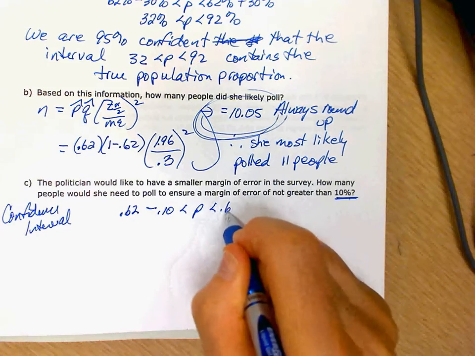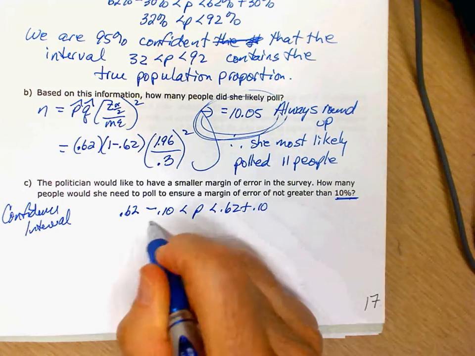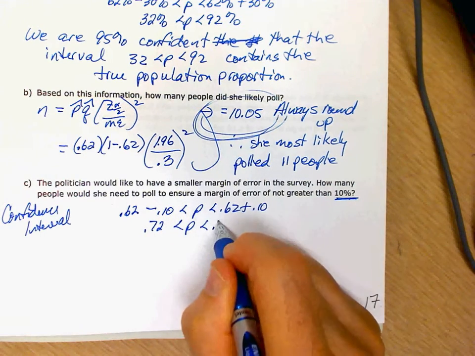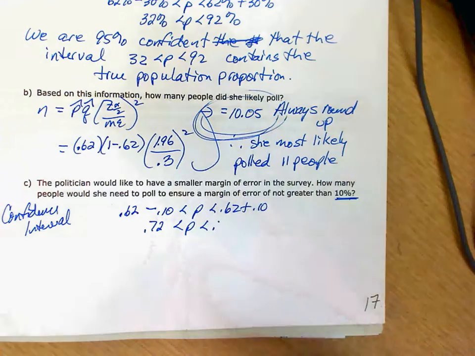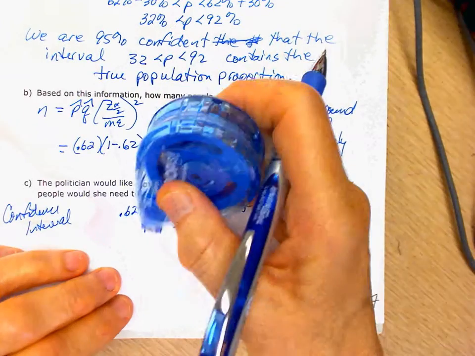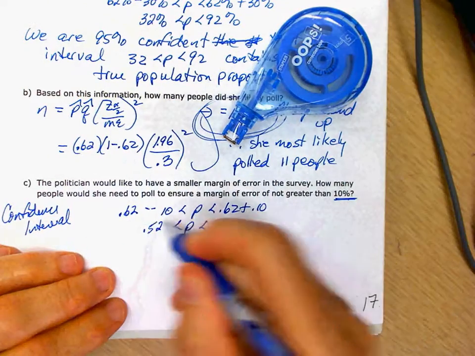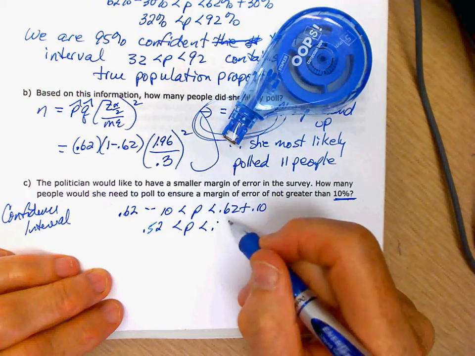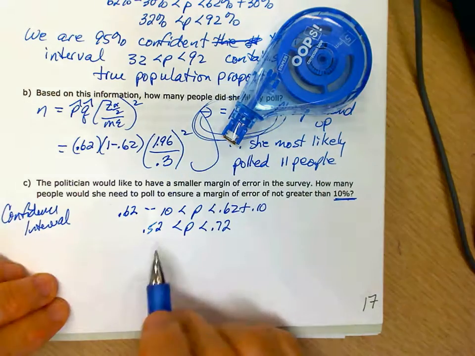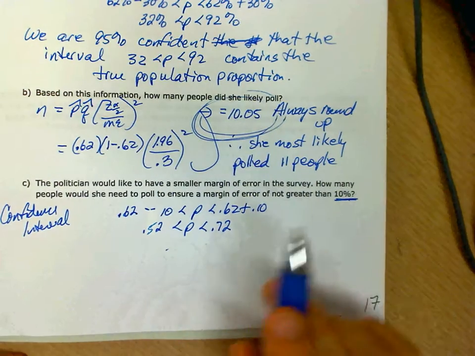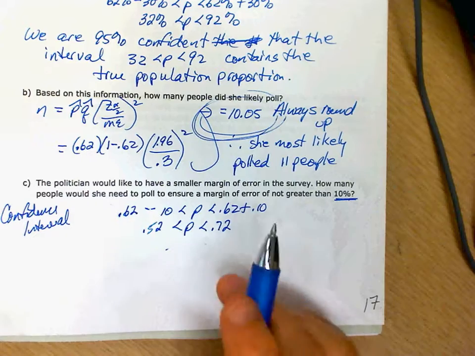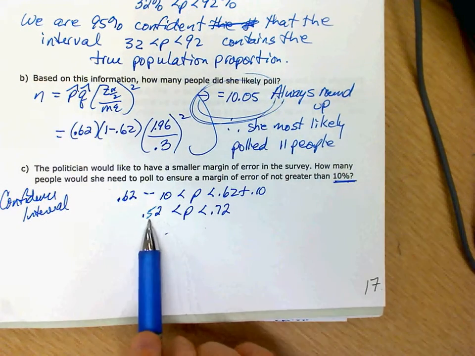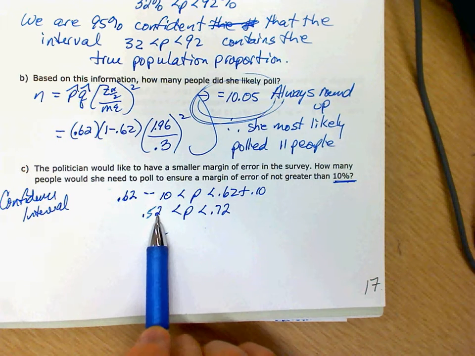So that 0.52 is less than P is less than 0.72. So that would be better. Assuming she's only running against one other person, right? I mean, I would feel better if I had 50. If there's one other person you're running against, I would feel better with 52%.